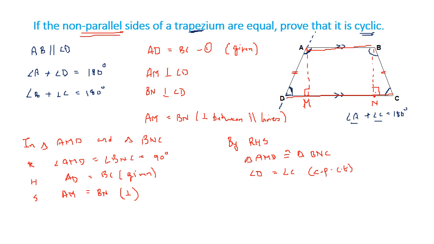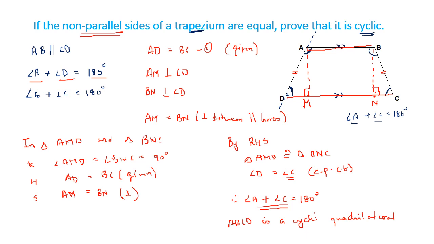Okay, but it was given to us angle A plus angle D equal to 180, but angle D equal to angle C. Therefore, angle A plus angle C equal to 180. Now, because the opposite angles are supplementary, ABCD is a cyclic quadrilateral. Means if you draw with a proper radius, all these 4 points will lie on the circle.